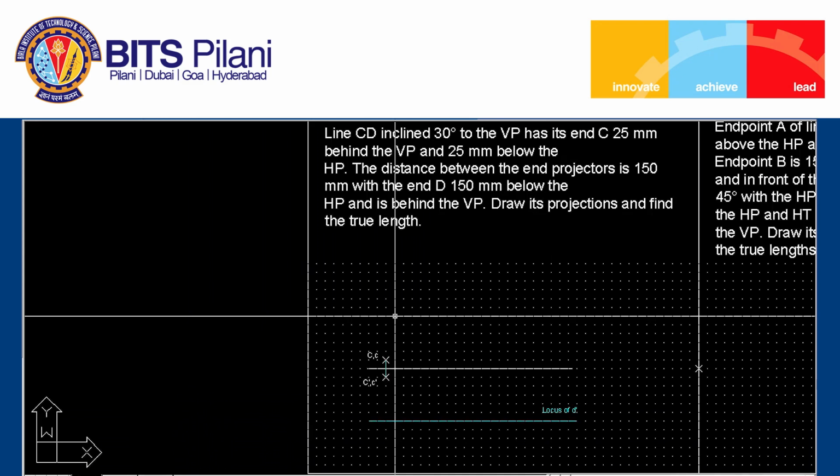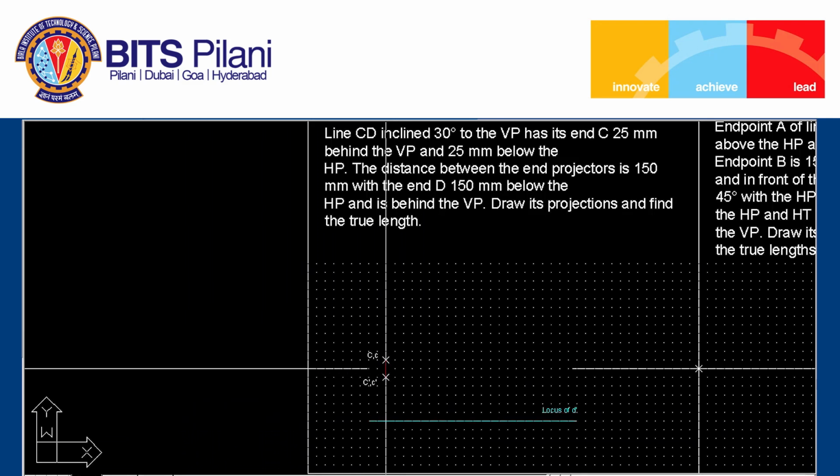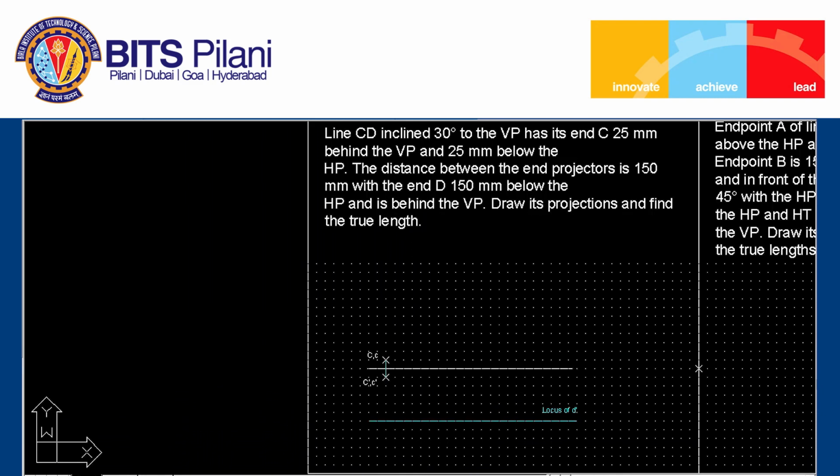Then distance between end projector is given 150 millimeter, that we can draw the end projector. One projector which is passing through points C and C prime, second projector it will pass through the point D and D prime. So I will draw the projector, which is 150 millimeter away from this projector. 1, 2, 3, 4, 5 and 6.